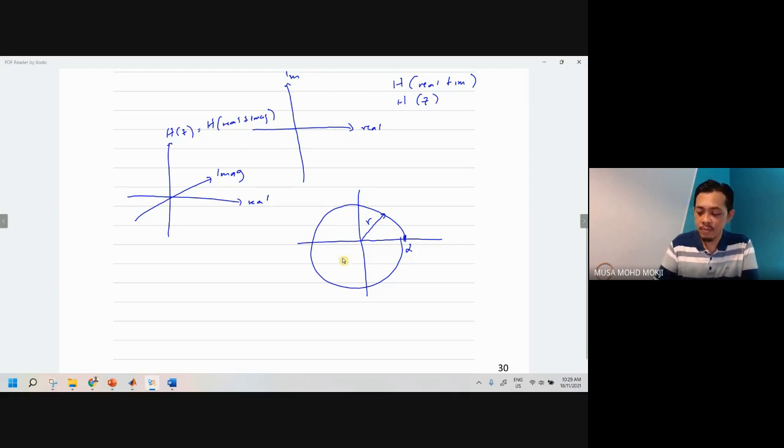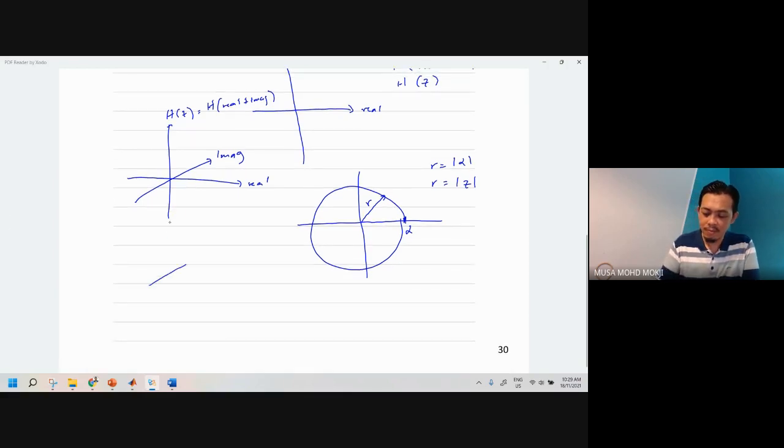Generally, R must be some absolute value of Z. What is R? Trigonometry, another maths topic. You have your imaginary here and a real value here. So R is the square root of imaginary squared plus real squared. That is why R is actually Z with absolute value.